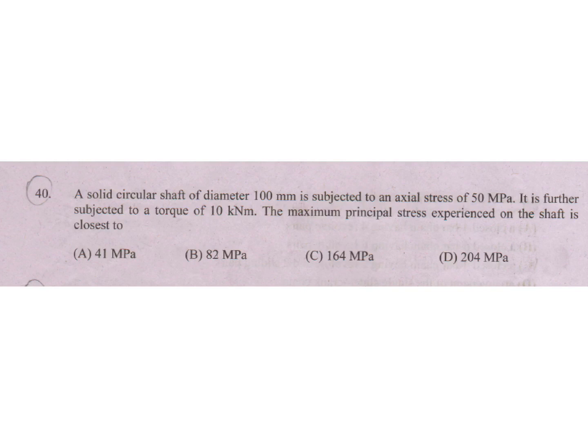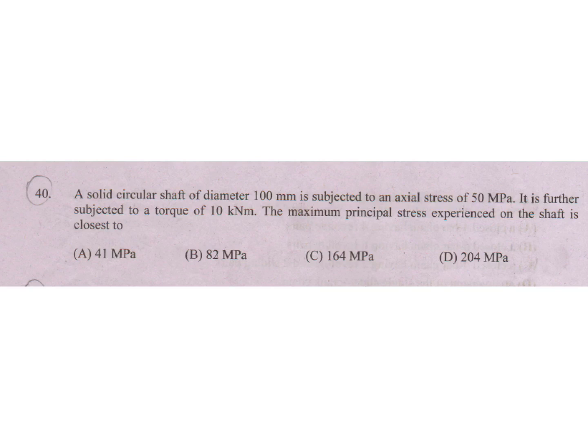Data given are: a solid circular shaft of diameter 100 mm is subjected to an axial stress of 50 MPa. It is further subjected to a torque of 10 kilonewton meter. The maximum principal stress experienced on the shaft is closest to how much?